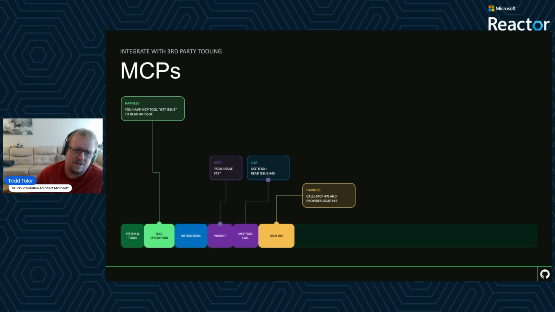So now we're going to move on to integrating with third-party tooling. MCPs, the Model Context Protocol. They add external API calls and dynamic tools to your agents. Once they're activated, they return tool descriptions that go into the context window. So GitHub MCP offers a Git issue tool. Users can say read issue number 45, and the LLM will recognize the tool and invoke it via the harness.